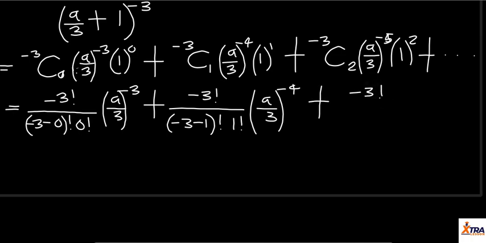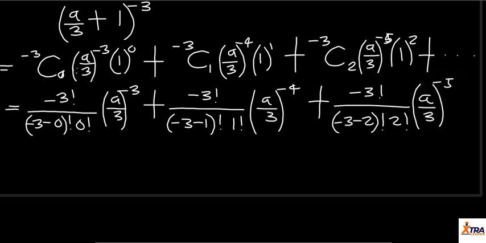I know 1 raised to power 1 is still 1, so I don't need to put that. This is minus 3 factorial over minus 3 minus 2 factorial, 2 factorial. This is a over 3 all raised to power minus 5, plus ellipsis. That is the other terms that we're not accounting for now.